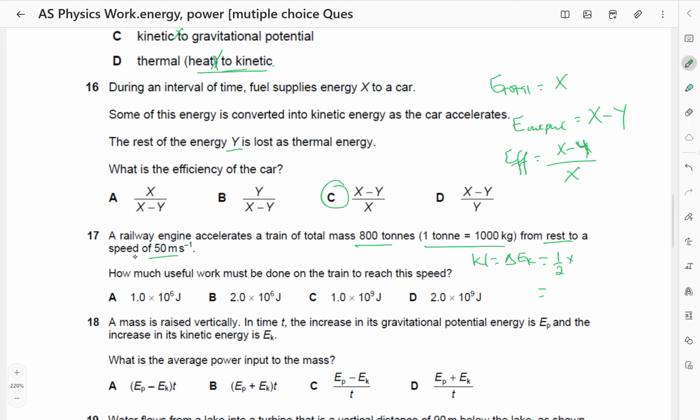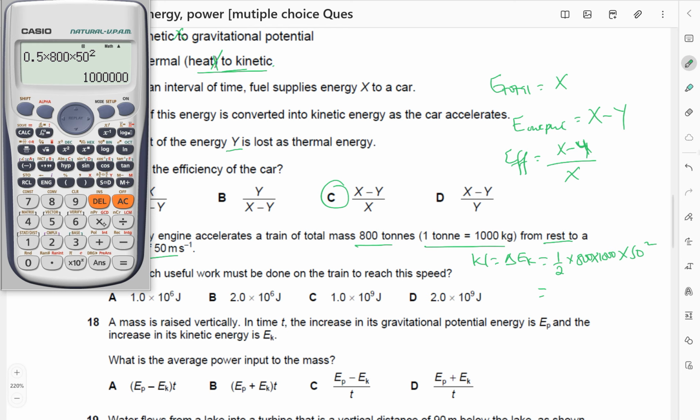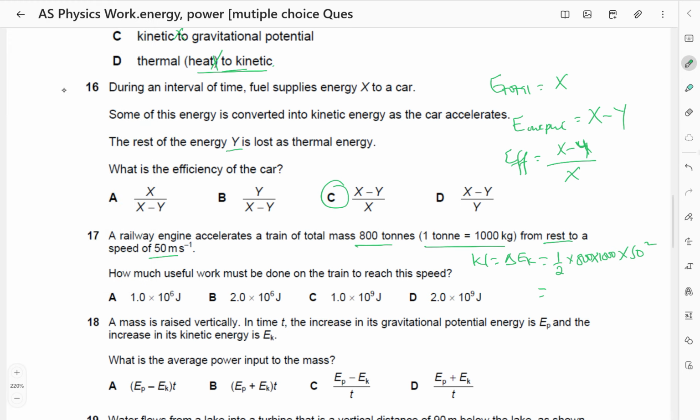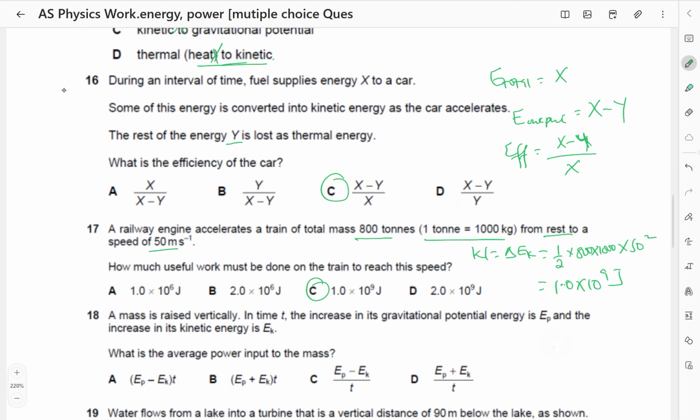So this will be a half times 800 times 1,000 times 50 squared, because the other one is 0. This is 1.0 times 10 power 9 joules. So the answer is going to be C.